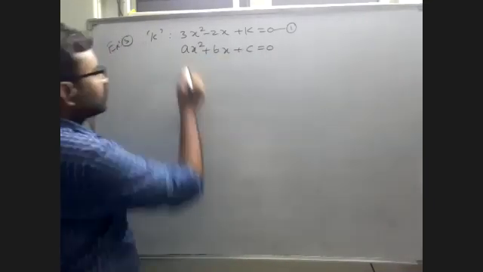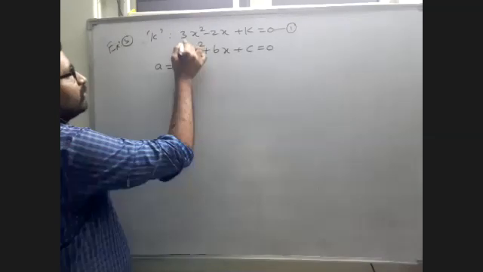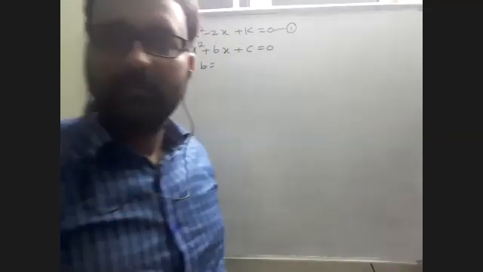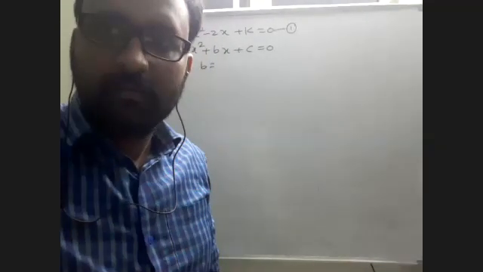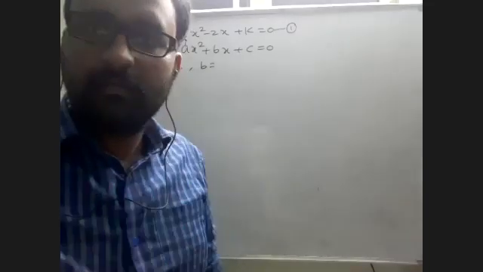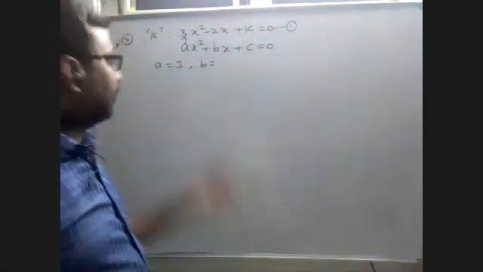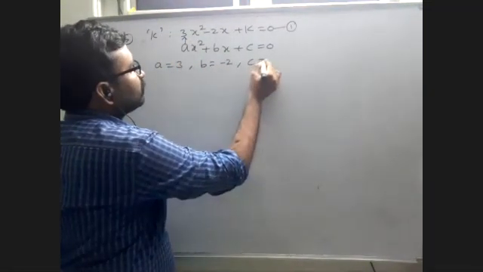Comparing these two equations, a value is 3, b value is minus 2, and c value is k.